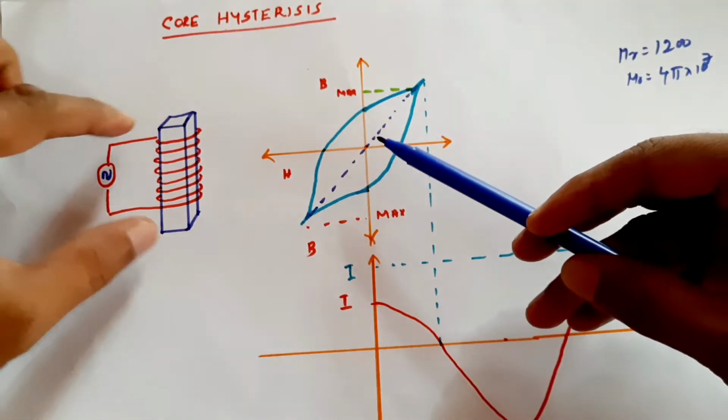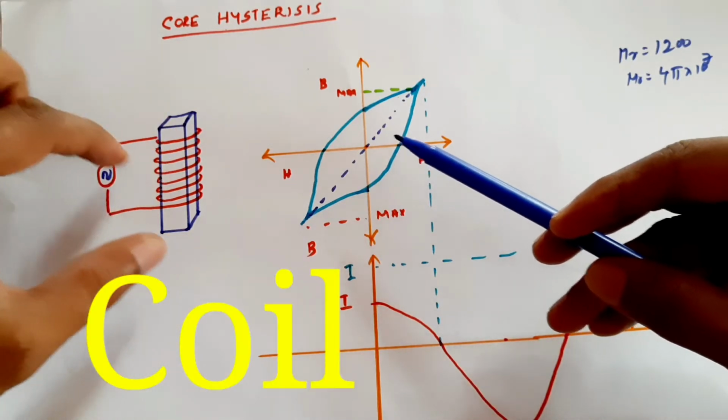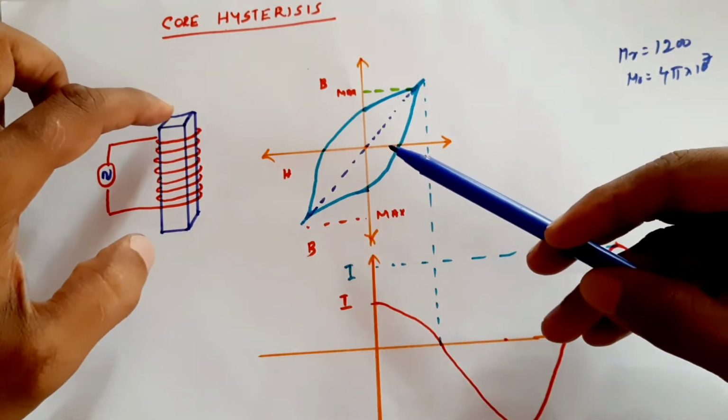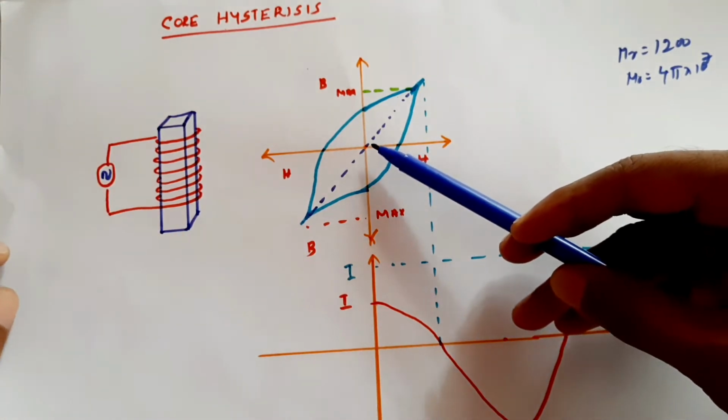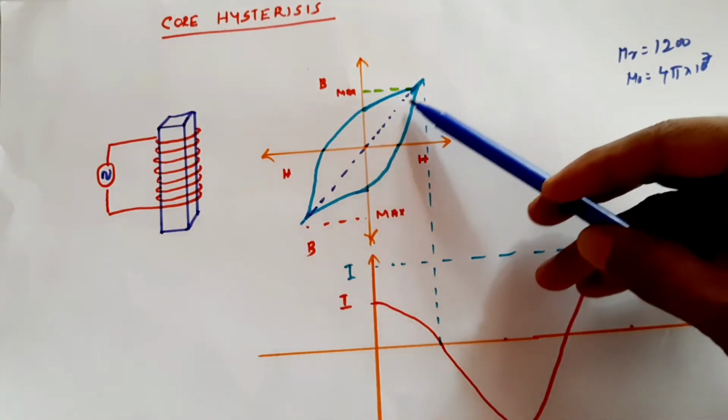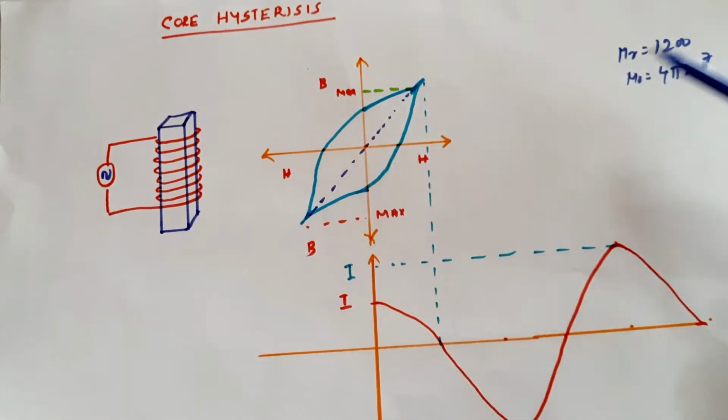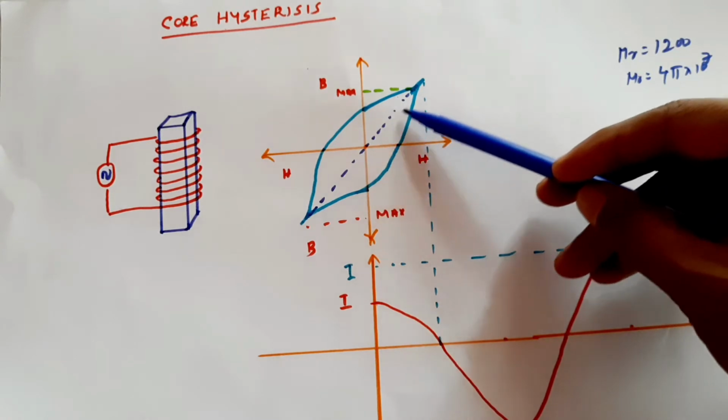We apply an AC signal across a core, and if we put an iron core in it, the flux in the core will increase linearly. As iron has this much relative permeability, the flux will increase linearly.